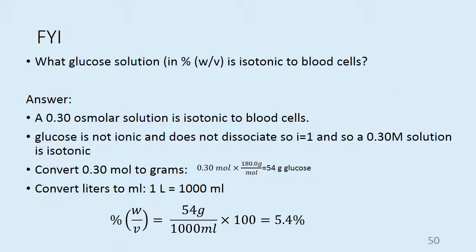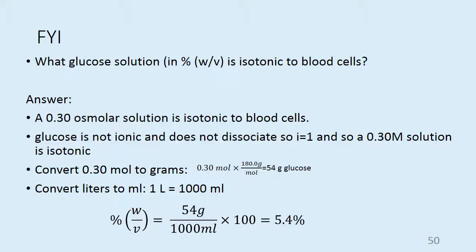And just for your information, I won't ask you this either, but if you've been in a hospital, you've probably seen a glucose solution that is 5.4%. So how does that compare? Again, remember that a 0.3 osmolar solution is isotonic to blood cells.